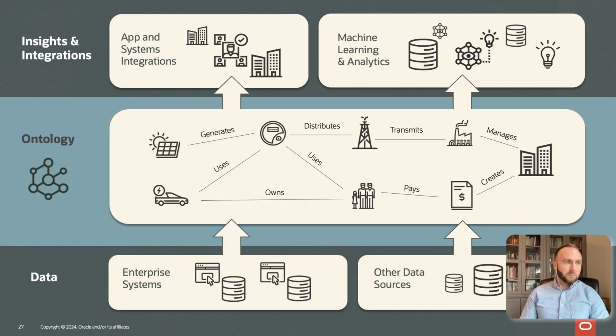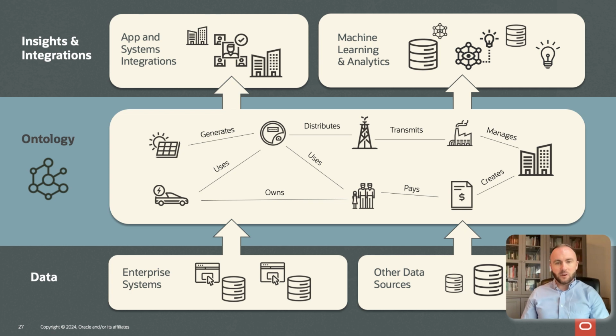So just a big view of what we're focused on. We got data coming from enterprise systems for utilities and other companies. We also have other data sources, like I mentioned, the Department of Energy, other public data sources like census. We bring that into Autonomous Database, and we're leveraging ontology, really the nouns and verbs of an industry, to make sense of how to connect that meaning.